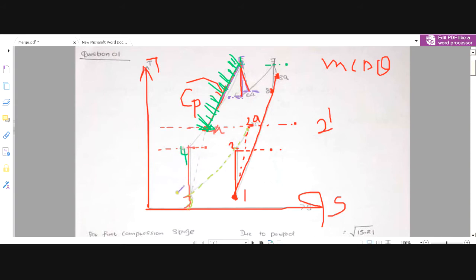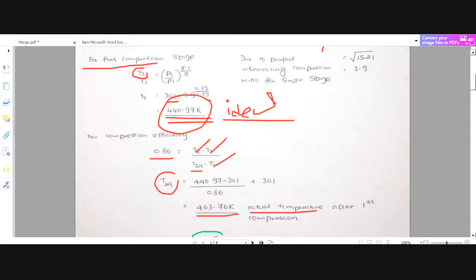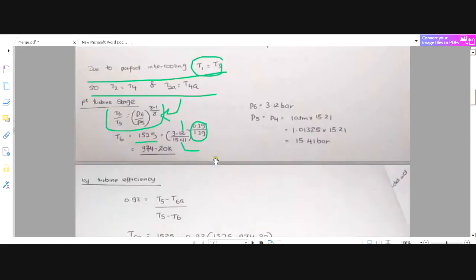You know that because of the pressure ratio, because I told you there is something called the ultimate pressure ratio, P4 divided by P1. That is the ultimate pressure ratio. So carefully you need to put the values. I think that part I already explained, right? So then you can find this temperature, 907.